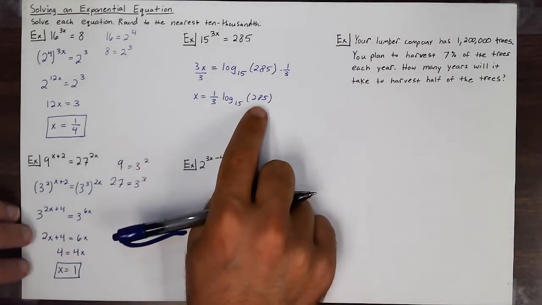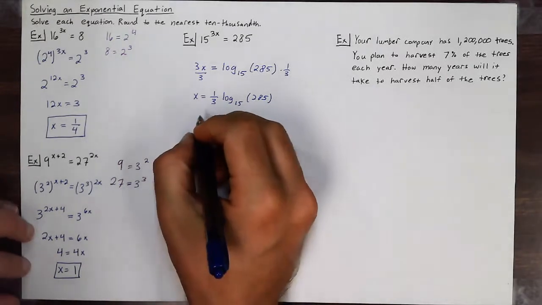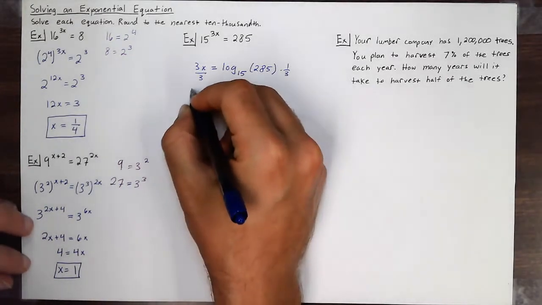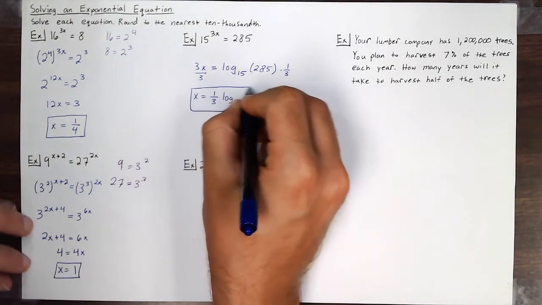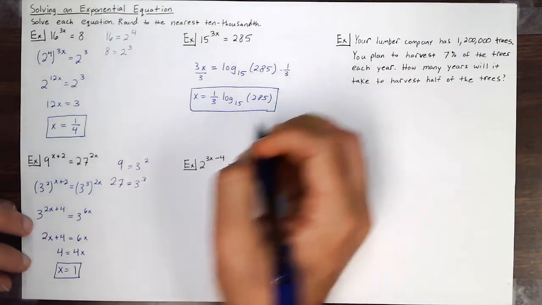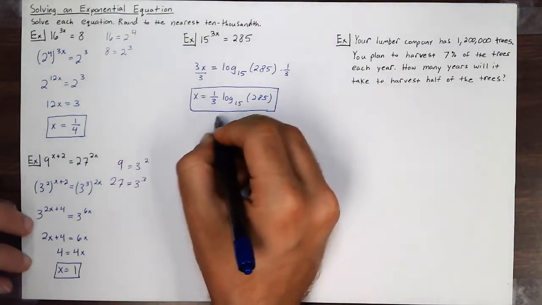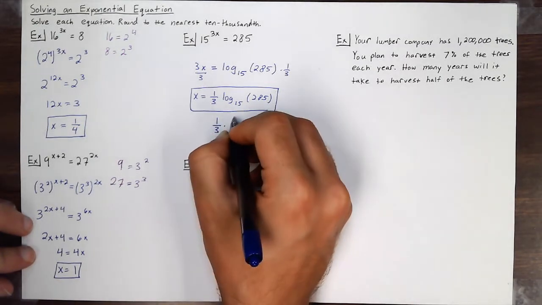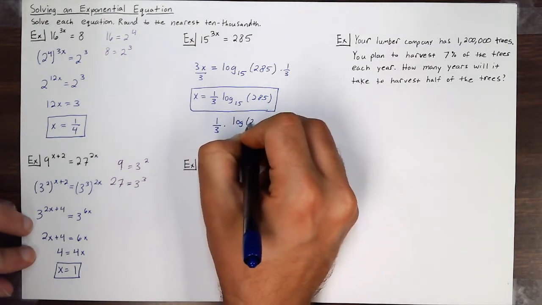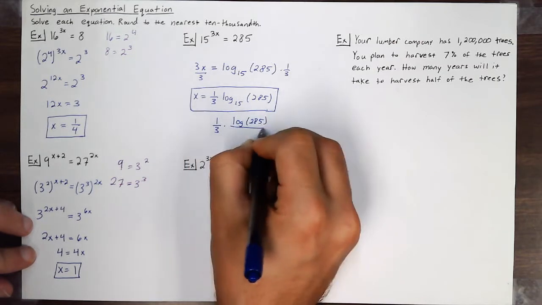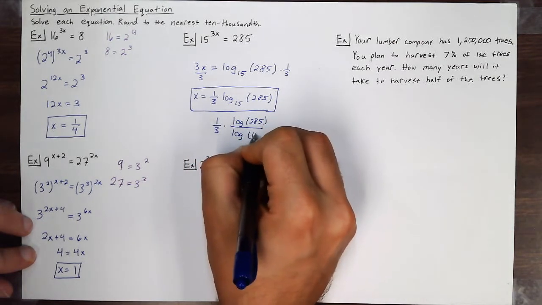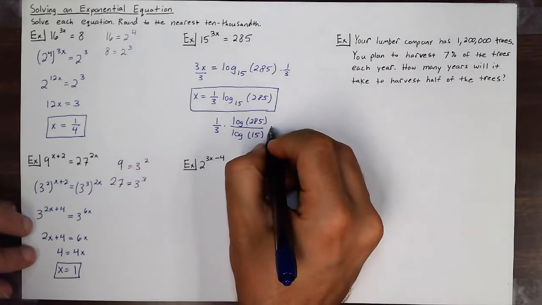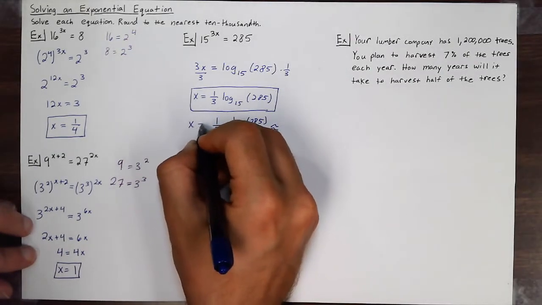Since 285 is not a power of 15. But in order to see what the answer is, I'll use the change of base formula, which would be 1/3 times log of 285 over log of 15, to see what decimal approximation this would be.